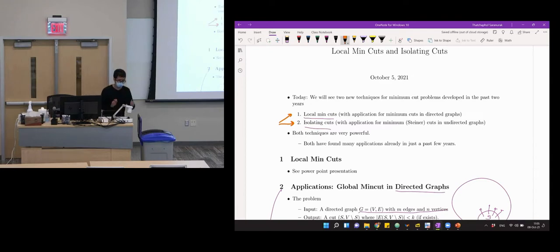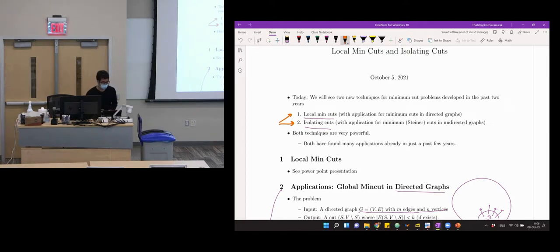Can you tell me anything? In a big graph, if there is a small cluster of vertices which can be separated from the rest of the graph by a small cut, then we should be able to find it using order k squared. Right, where k is the size of the cut that is small. Yeah, so that is the goal of local min cut.